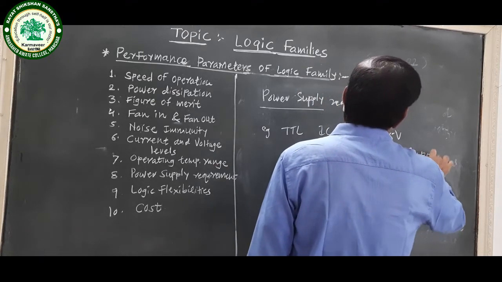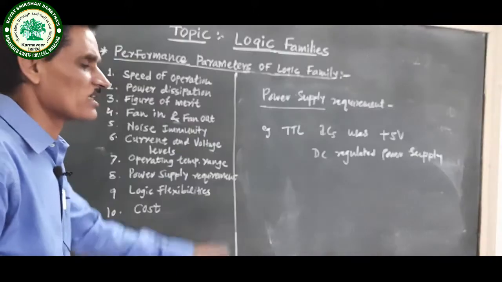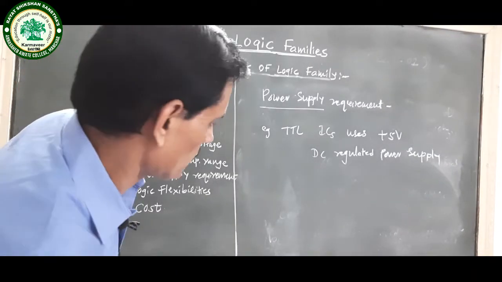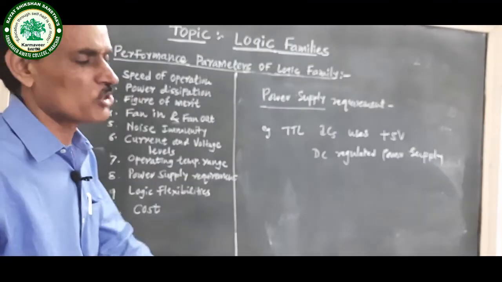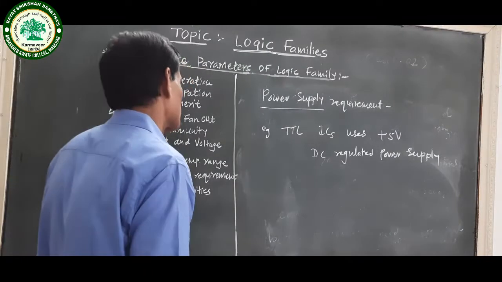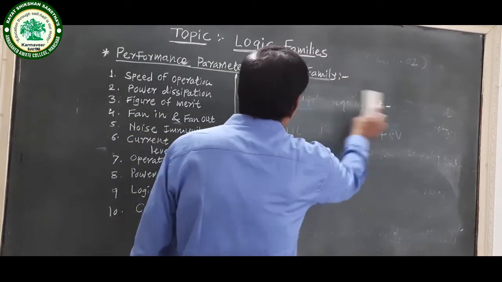And this is a standard value of power supply. Any TTL IC can work on a 5 volt power supply. On the other hand, CMOS can be operated on 3 volt also. A wide supply range is there, from 3 volt to 15 volt.